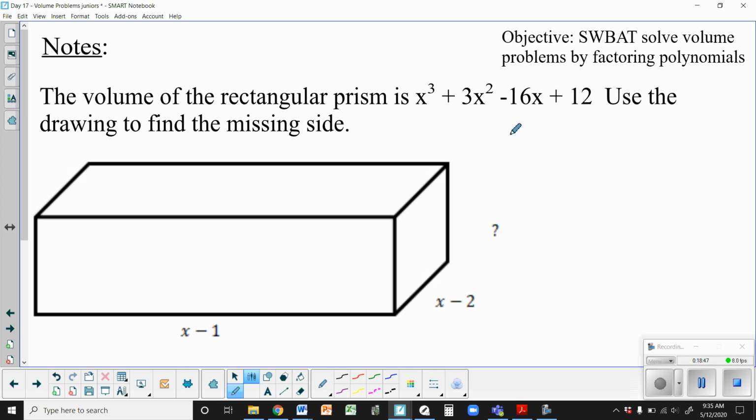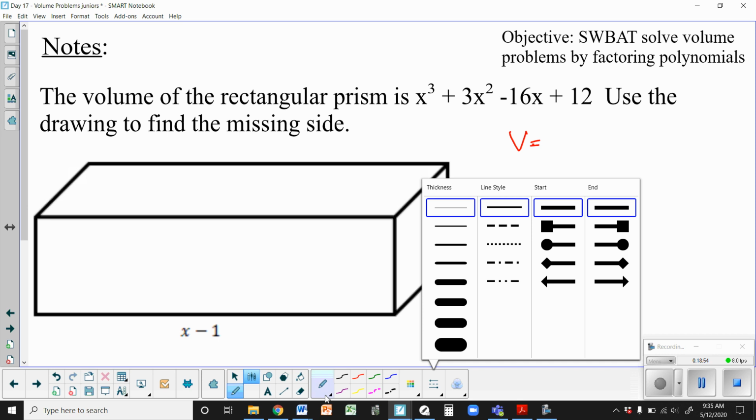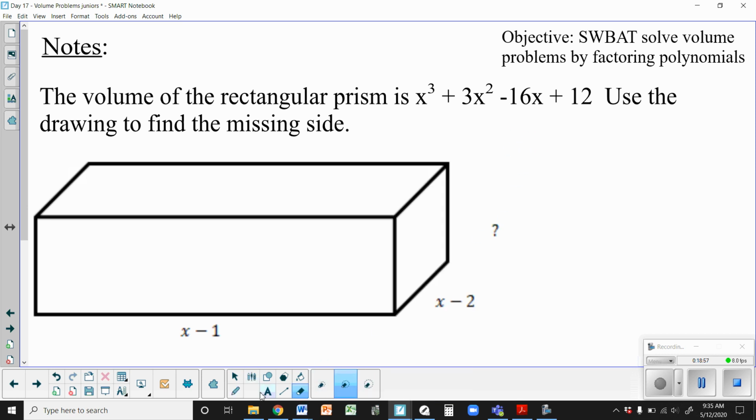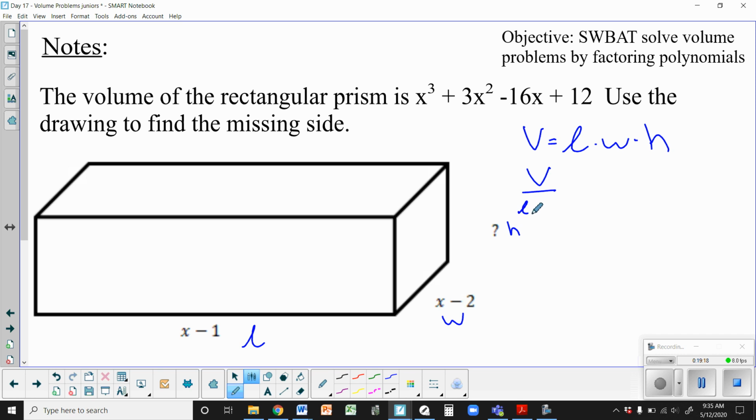So remember, volume equals, oh, we're using red, okay, let's switch it to blue. All right, so volume equals length times width times height, and we have to solve for the height. We want to get height by itself, so we really want the volume over length times width equals height.